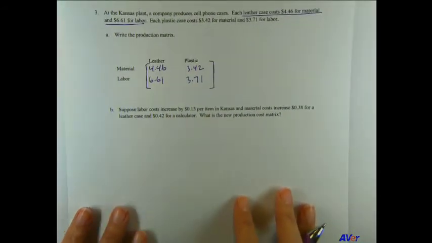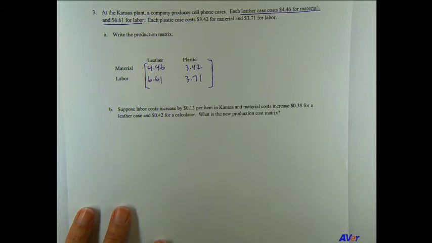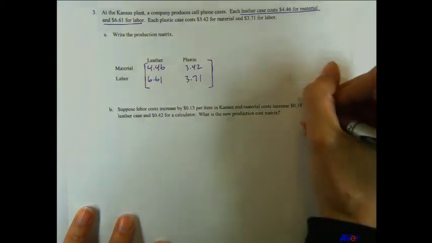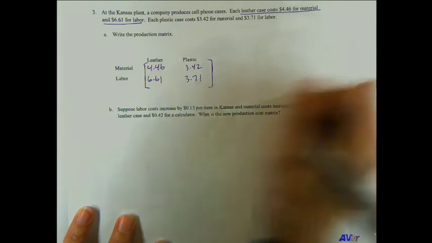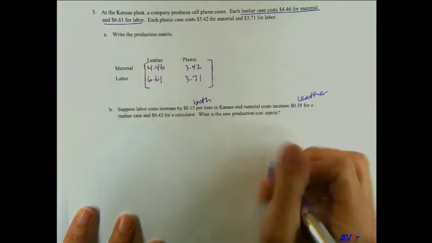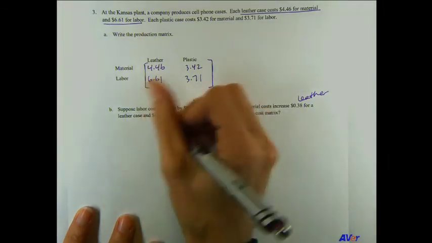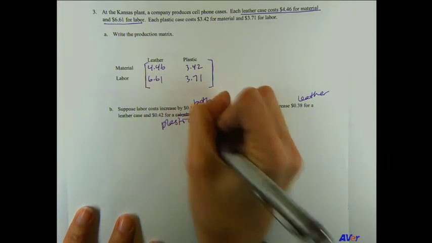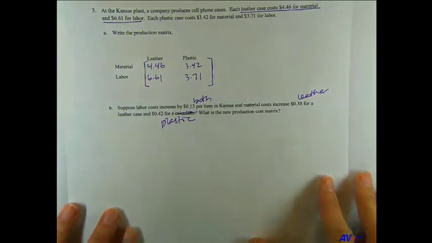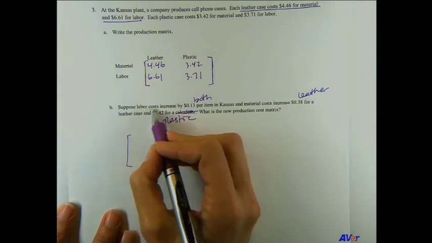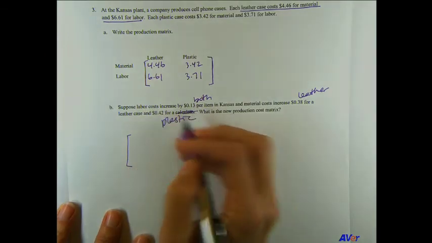Part B, suppose labor increased by 13 cents per item in Kansas, and material cost increased 38 cents for leather, and 42 cents for plastic. Can you tell I copied a problem? So when I'm doing this, labor for both increased 13 cents.